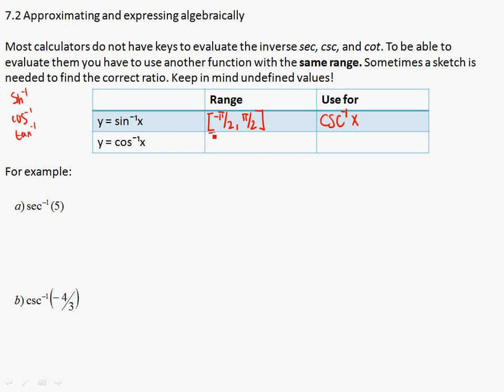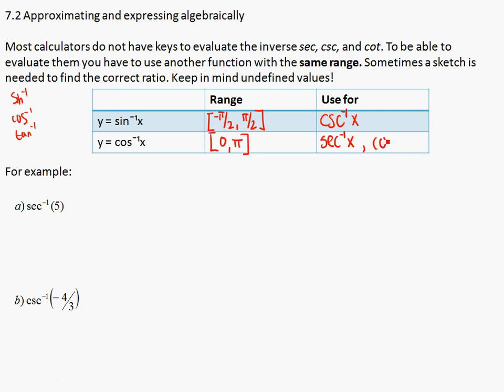Okay, the cosine runs from where to where? From 0 to pi. So inverse cosine is going to give an angle between 0 and pi. Hopefully this one is clear. It is going to have to be used for your secant. How about your cotangent? Where does that go? 0 to pi.